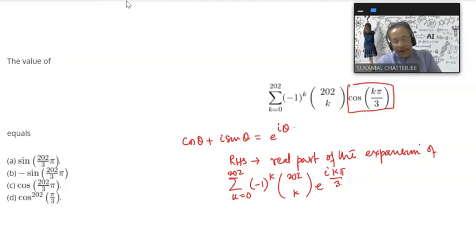So this is the real part in this expansion. The right hand side is the real part in the expansion of this term.